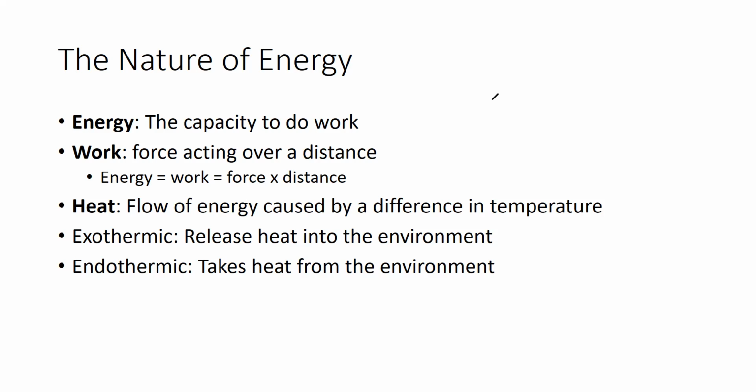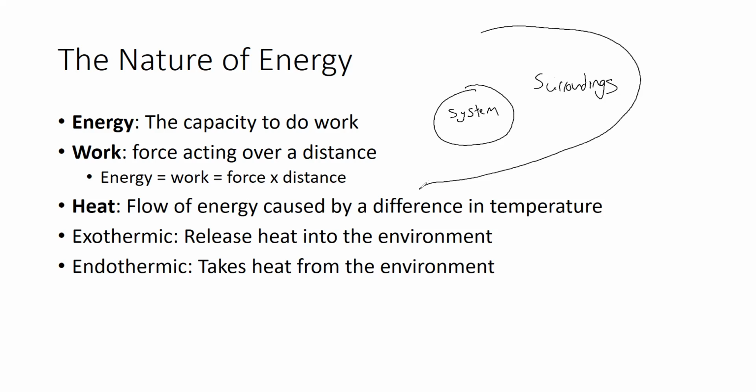When we talk about energy, we have 2 different definitions: the system and the surroundings. And I guess there's actually 3. We have the system, the surroundings, and the universe, right?